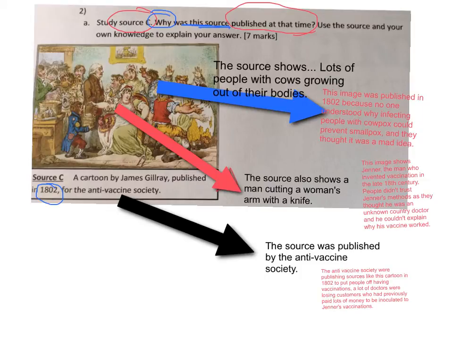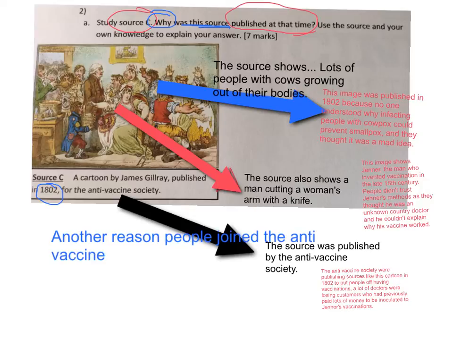And you know this isn't the only reason people are anti-vaccine, so what other reasons do you know about that would explain why they're trying to put people off with these images? Well, you could also talk about another reason people joined the anti-vaccine society: some people died after having vaccines.